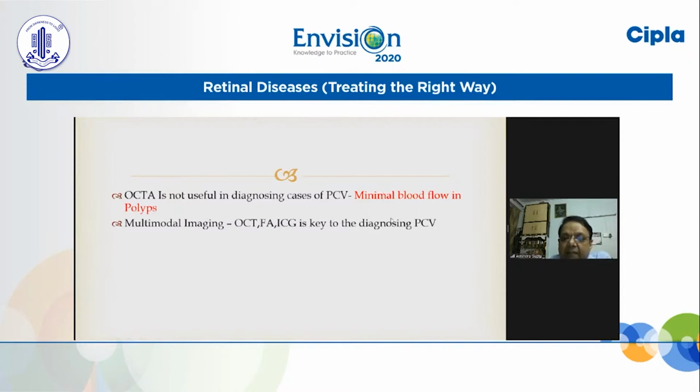Unless there is blood flow in the vessel, you cannot diagnose a lesion. So PCV lesions you cannot diagnose on OCTA. So you need multimodal imaging like OCT, FA, ICG, which is key in diagnosing PCV. So half of the lesions you have missed on OCTA.